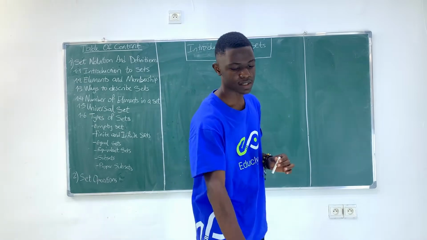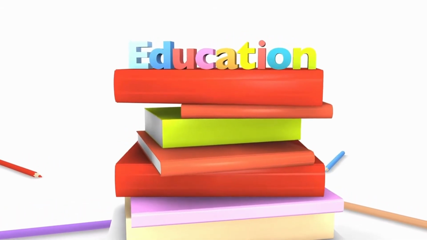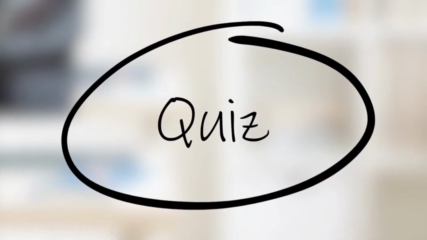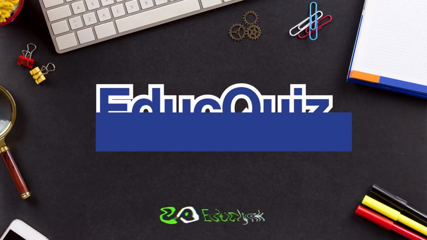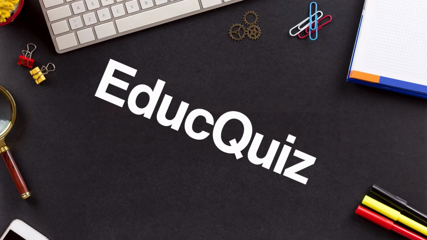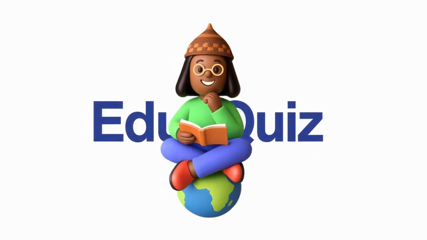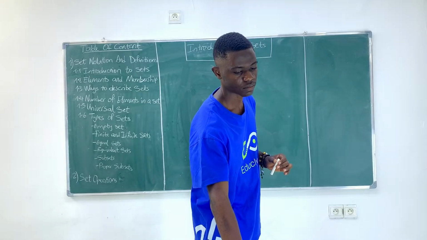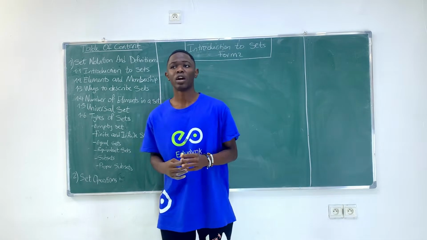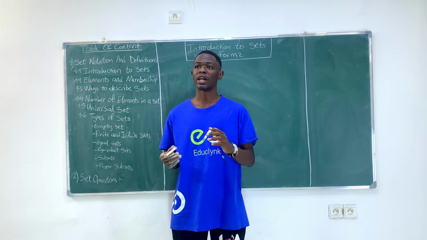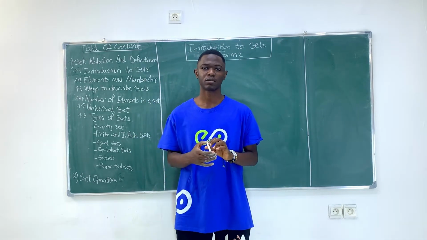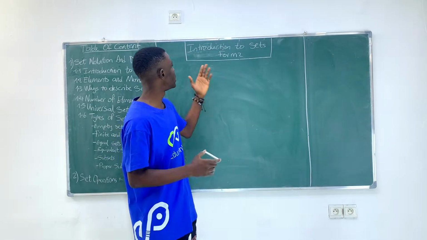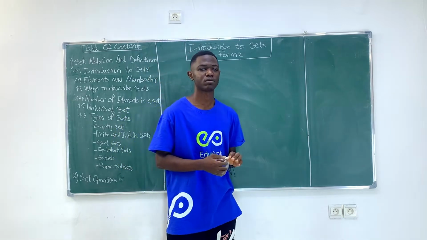So firstly, what is a set? A set is just a well-defined way of organizing a group of things. For instance, you can have a set of students in a class, maybe a set of students in a Form 2 class.